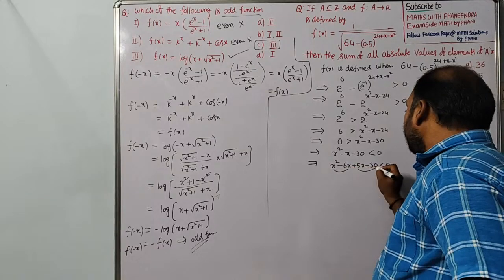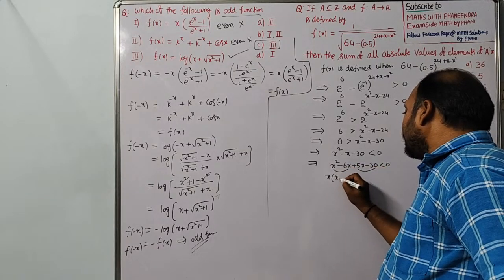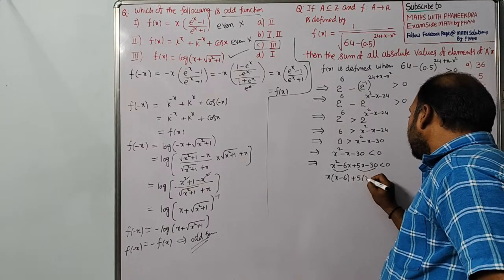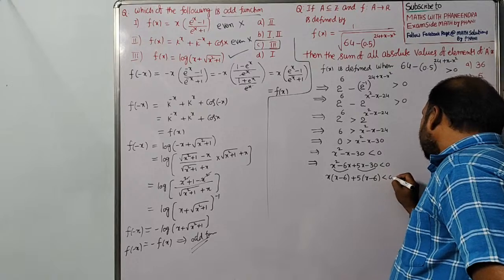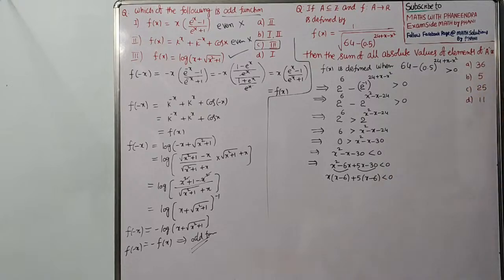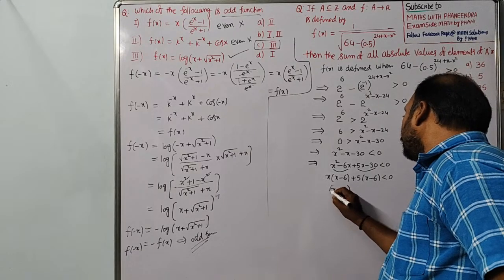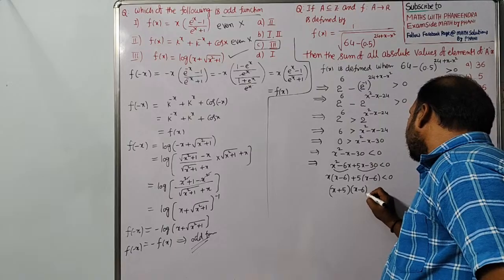So from these two, x into (x minus 6) plus 5 into (x minus 6) is less than 0. So (x plus 5) into (x minus 6) is less than 0.